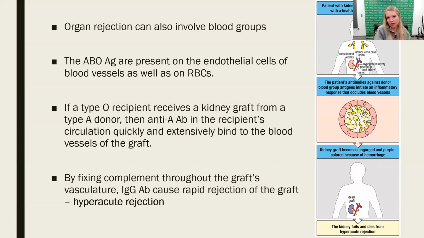So if a type O individual receives a kidney transplant that comes from an individual that is type A, then their anti-A antibody will quickly destroy that tissue by ripping up the blood vessels because of that A antigen present. When that happens, that can kill the organ because there's not going to be a blood supply to it.